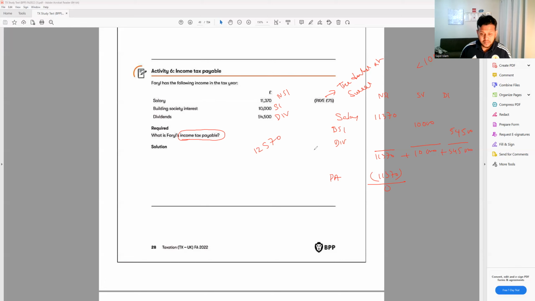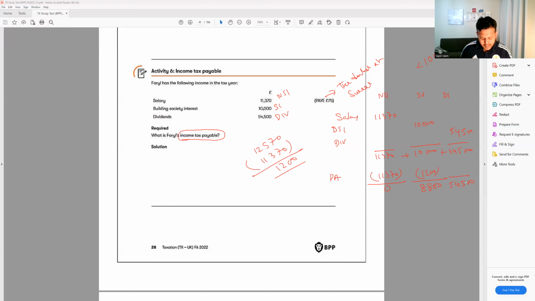From the 12,570, we have used 11,370 for the non-savings. So still we have 1,200. This 1,200 we're going to take away from the savings income. So minus 1,200 from the savings income, we'll have a savings income remaining of 8,800. And the dividend is still remaining the same, that is 54,500.